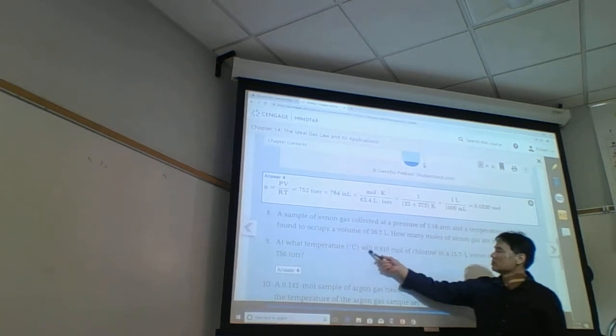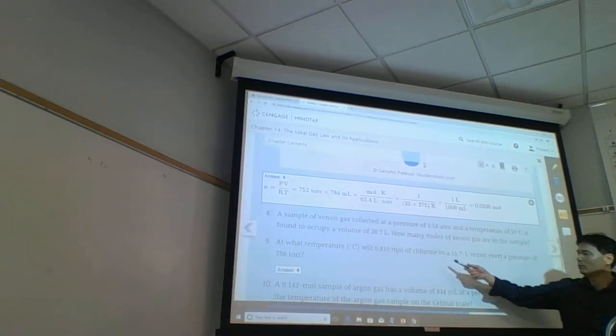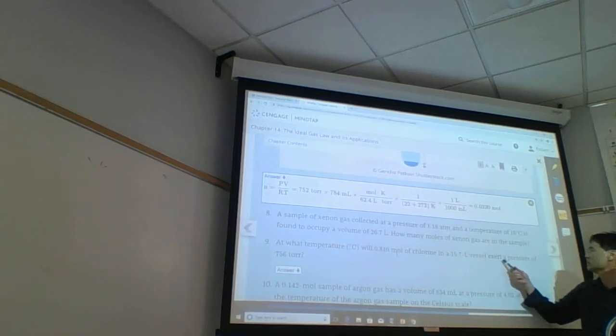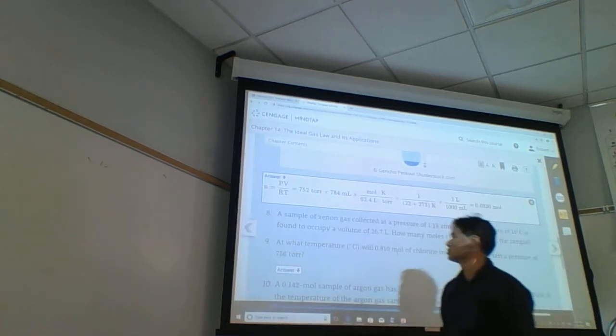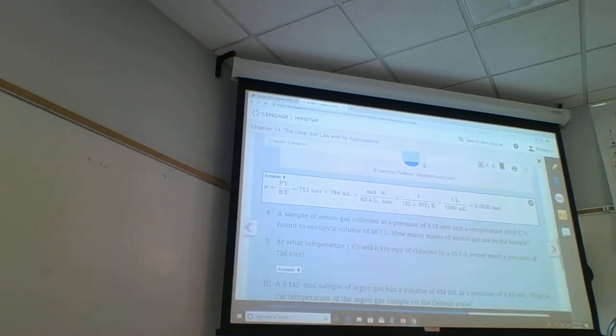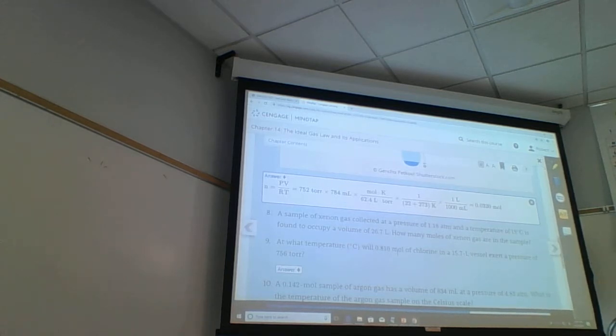9, at what temperature in degrees C will 0.810 moles of chlorine in a 15.7 liter vessel exert a pressure of 756 torr? Alright, so looking at number 9, N is still 0.810 moles. That's okay.